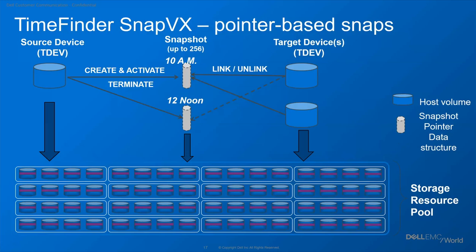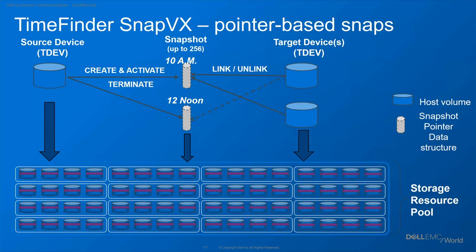In this example, I show snapshots at 10 and 12 noon, and I can link or unlink one or more target devices to them at will. I could share multiple target devices, for example, having multiple test and dev organizations do iterative destructive testing on different target devices if that's what I wanted to do, all without changing the snapshot. The snapshot never changes.